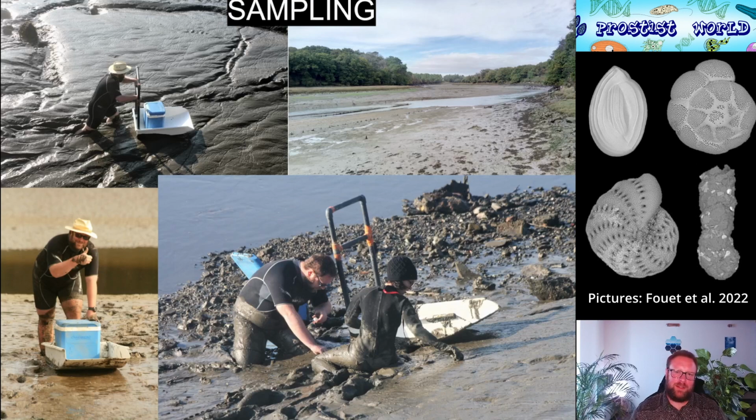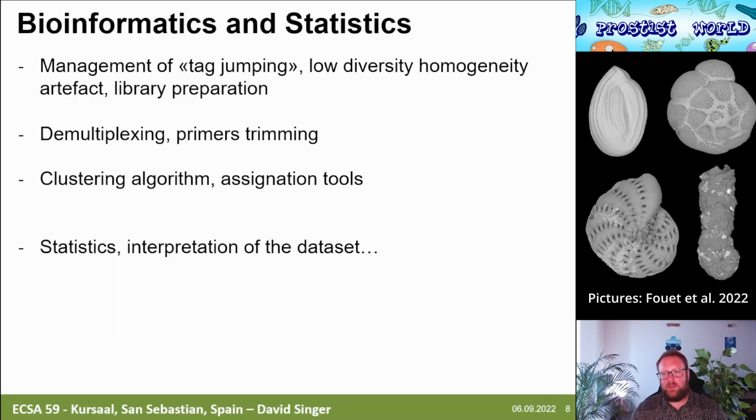As you can see, it's quite challenging to sample mudflat in estuaries, but it's also a very beautiful habitat. When you analyze eDNA dataset, you will have to do the bioinformatics and statistics.